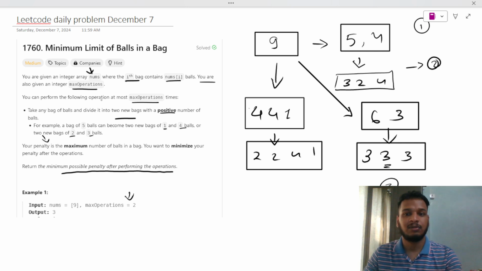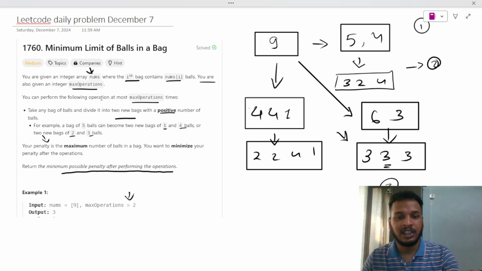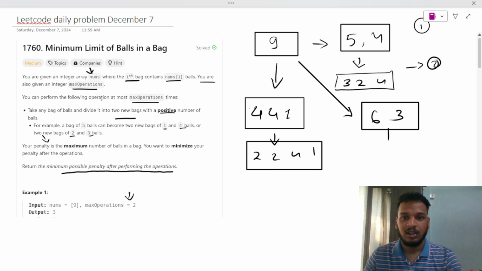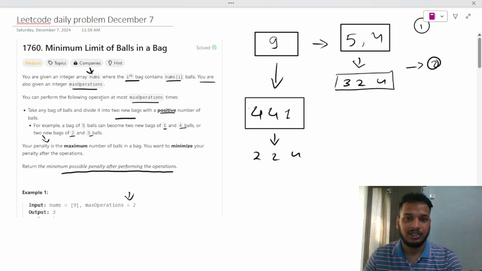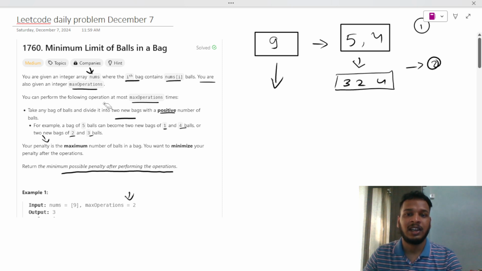So 3 is the least number; I can split into three threes, and 3 is the minimum penalty here. Now think about how many times I can split the 9.